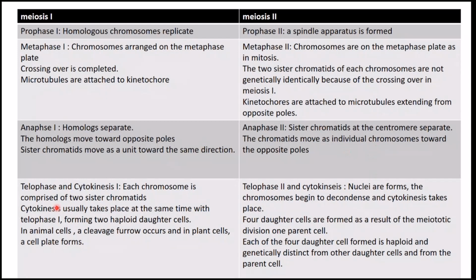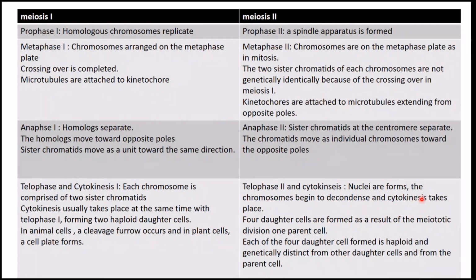Also in telophase and cytokinesis, each chromosome is comprised of two sister chromatids, where cytokinesis usually takes place at the same time as telophase 1, forming two haploid daughter cells. In animal cells there are cleavage furrows, and in plant cells the cell plate forms. In telophase 2 and cytokinesis, nuclei are formed and the chromosomes begin to decondense.